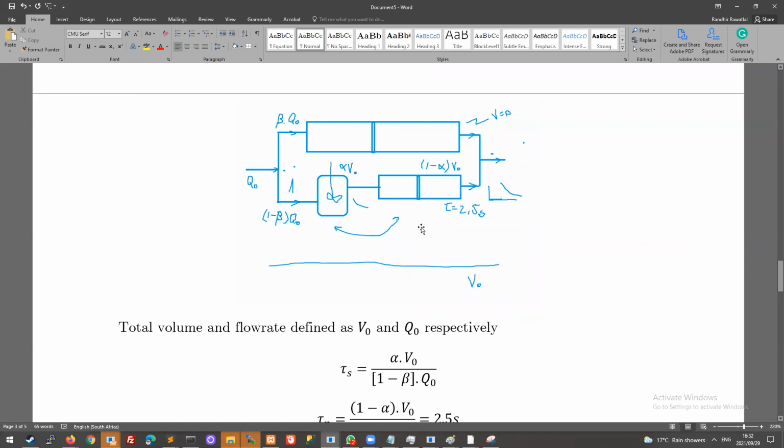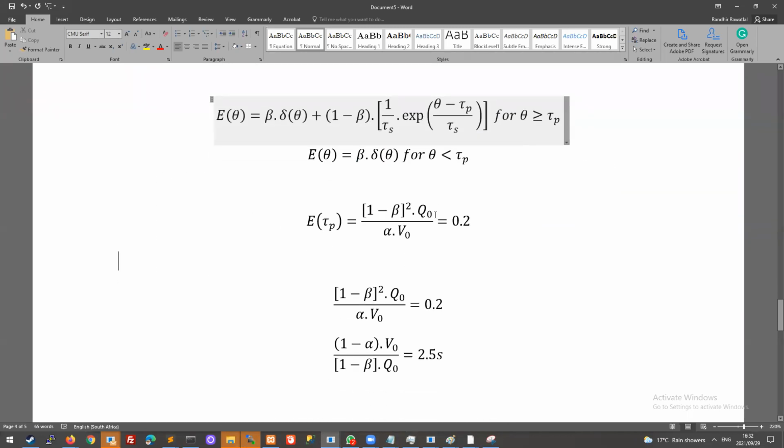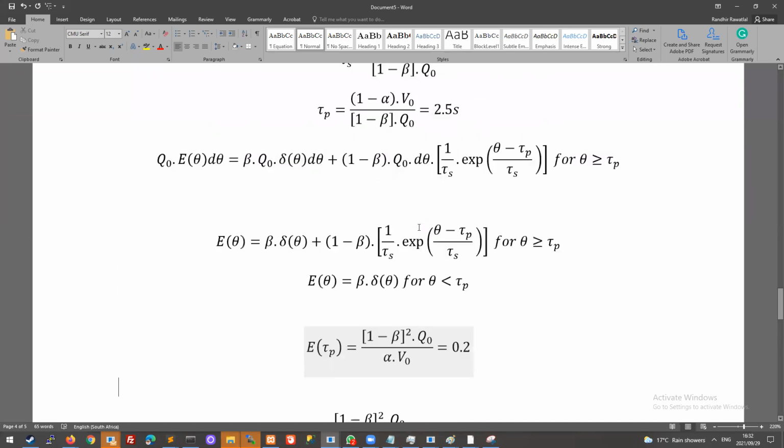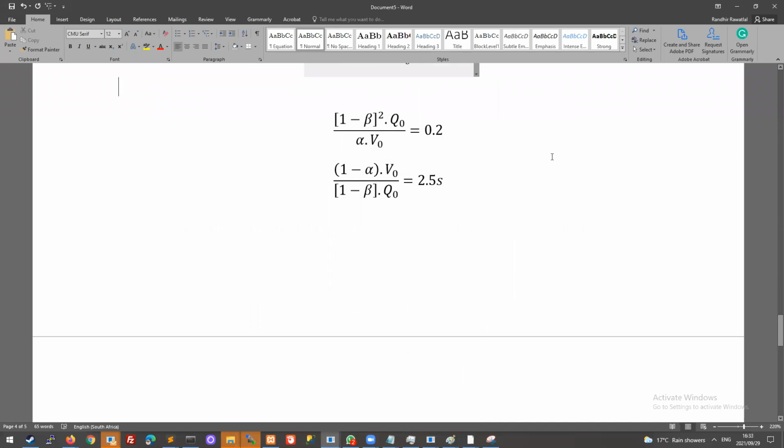So that's quite significant. Without RTD, you would have to do quite a lot of CFD and quite a lot of hydrodynamics work. And now it's really simple. You only have to solve a quadratic here to get the answer.